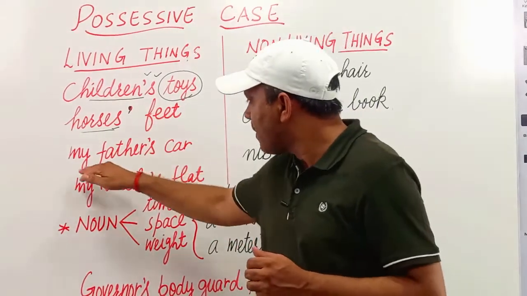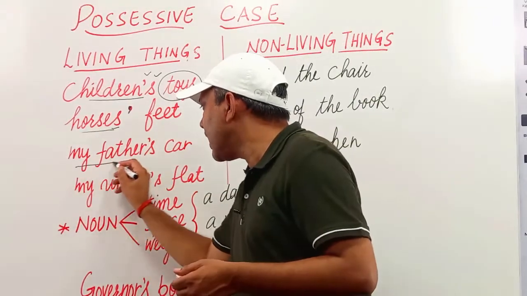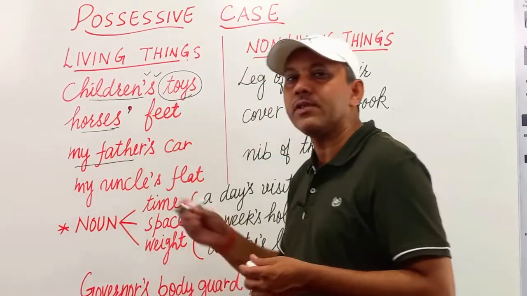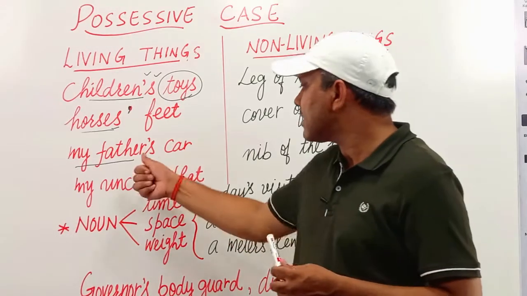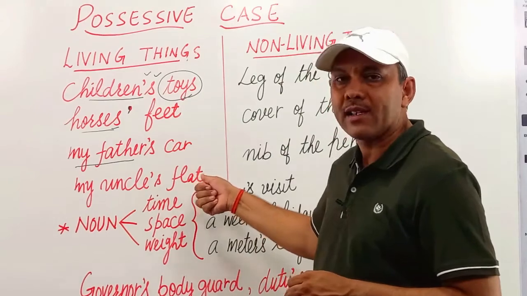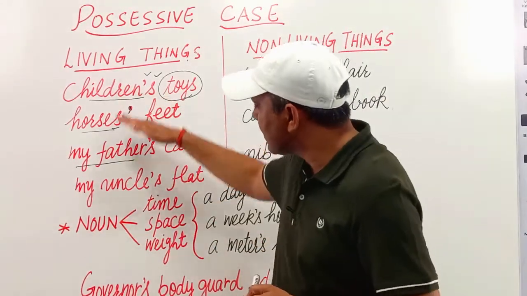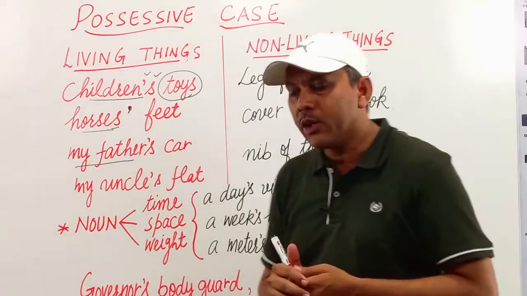And the next is my father's car. My father is a singular noun, so we use apostrophe s. My father's car. And the next is my uncle's flat. Whose flat? My uncle's flat. These are singular or plural nouns.